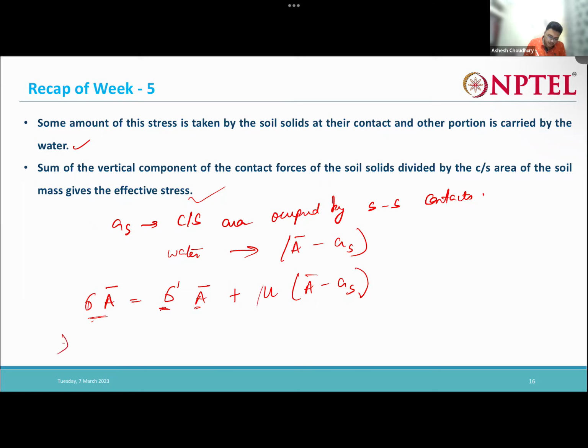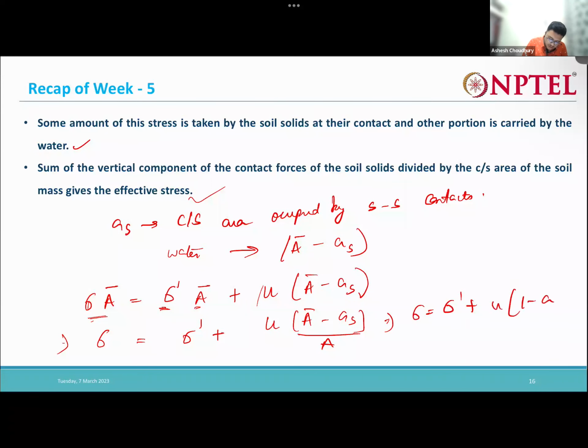Or we can write total stress equal to effective stress plus U into (A bar minus AS) over A bar, right? Or we can write, effective stress plus U into 1 minus AS over A bar.